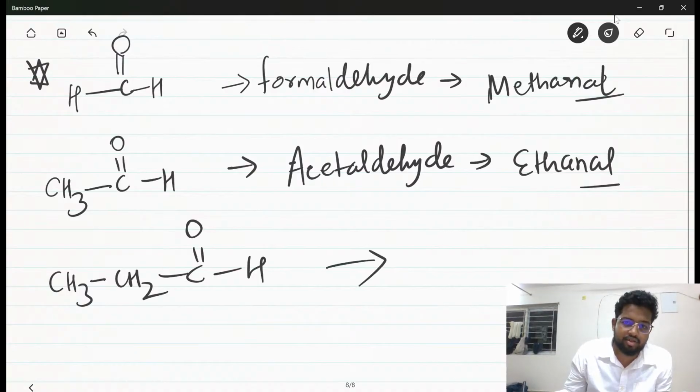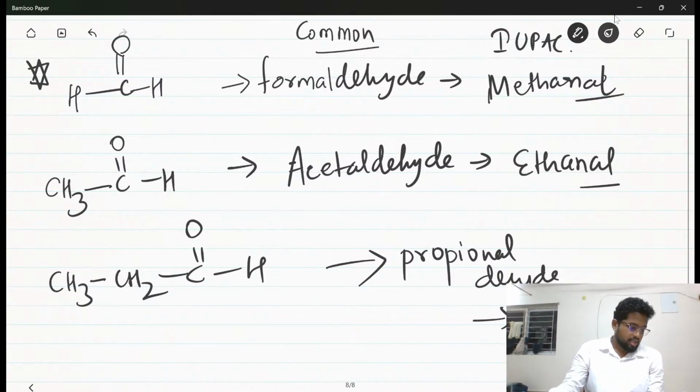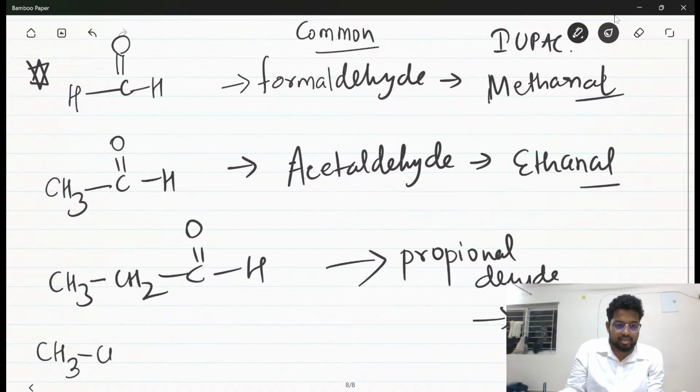Then we have the next member in the same homologous series. Do you remember what a homolog is? Propionaldehyde, or the IUPAC name is propanal. See, this one is the common name and this one is the IUPAC name. Easy. Now, the fourth member is not required, but the fifth carbon one is important.